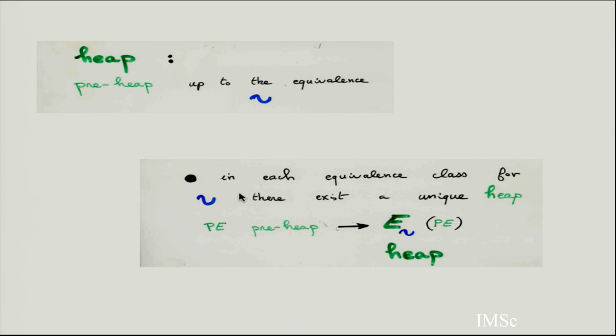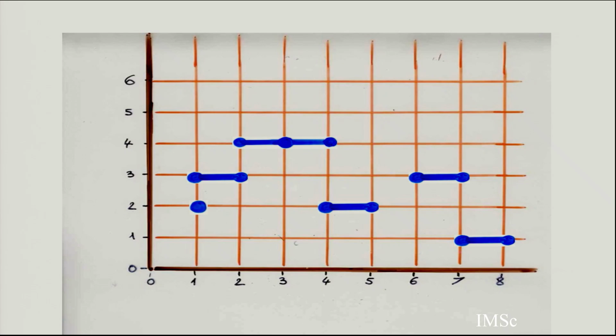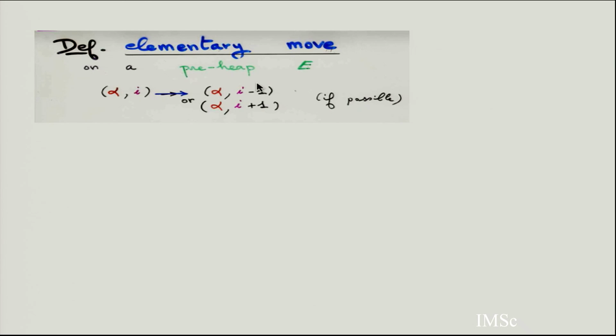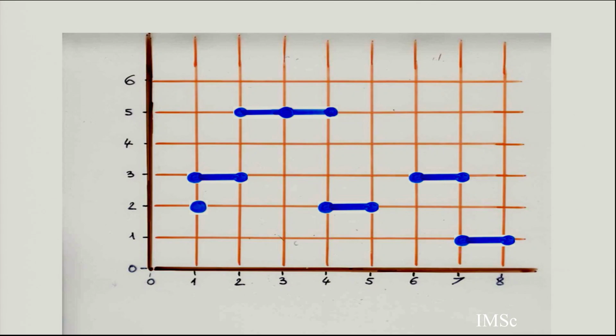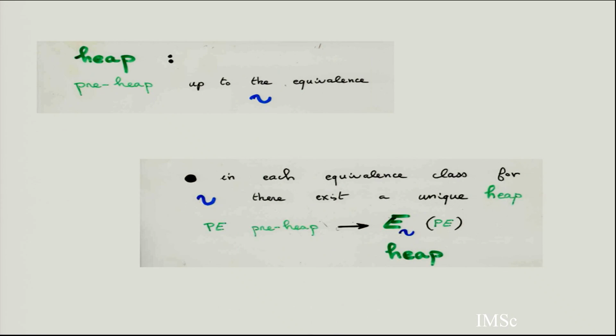The equivalence is doing the elementary moves like this. If you take a pre-heap and can do the elementary move, then you get another equivalent pre-heap, and the equivalence is generated by a succession of such elementary moves. It can go up, down, so I denote this equivalence relation by this.